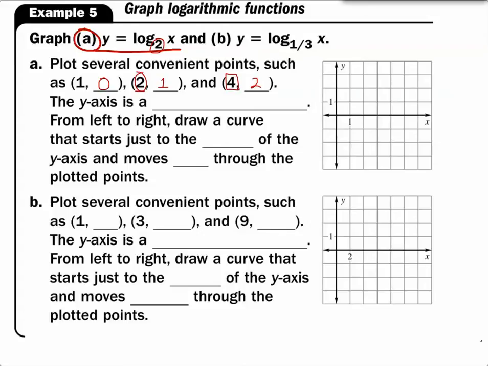The y-axis is a vertical asymptote. So I'm going to make myself a vertical asymptote on the y-axis. You've got the point 1, comma 0. Dot. You have the point 2, comma 1. And then the point 4, comma 2.